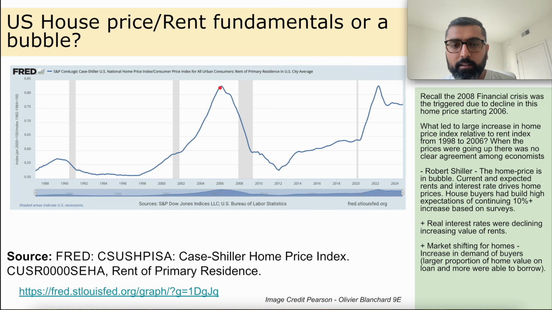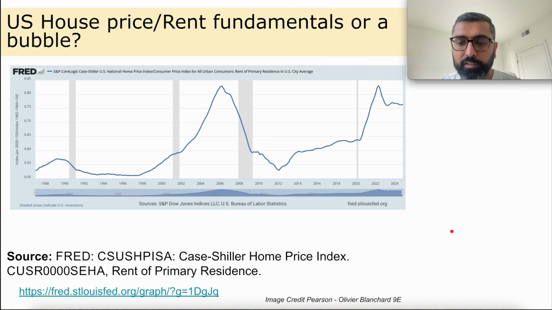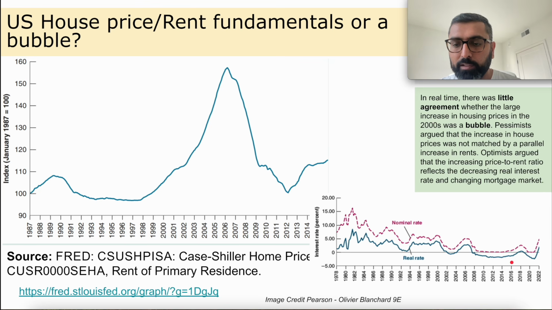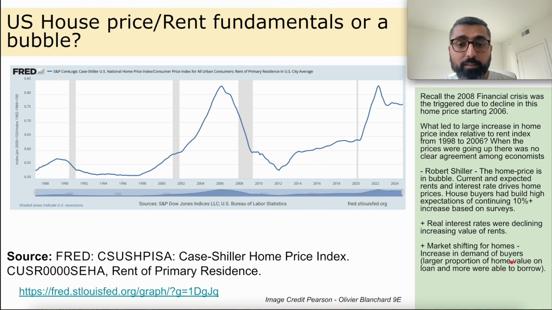And the optimists were saying this is not a bubble. Back then, they were saying the real interest rate, as we saw here, was declining, so the value of rents was actually much more. And they were saying there are a lot of buyers who are able to buy at a much larger proportion of their home. So there are many good reasons and pros and cons. Similarly, for Bitcoin, you will see pros and cons.